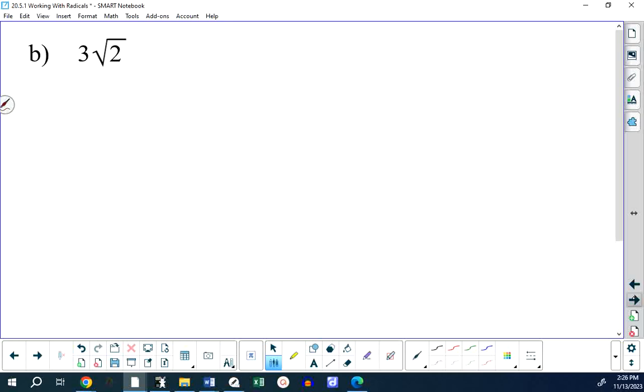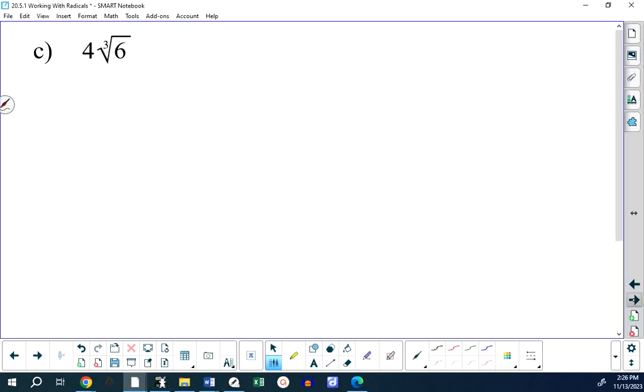Okay, well, this is going to be the square root of 3 squared times 2. Why 3 squared? Because it's a square root. So this becomes root, I believe that's 18. Pretty basic stuff so far.